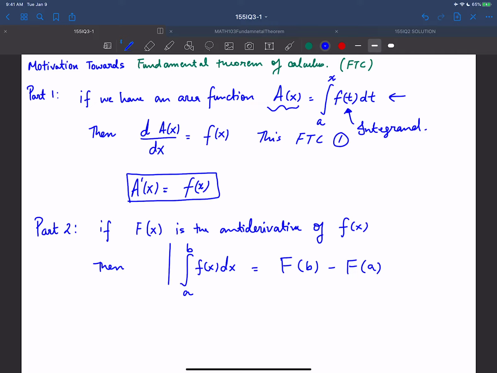And this right here is the fundamental theorem part 2.